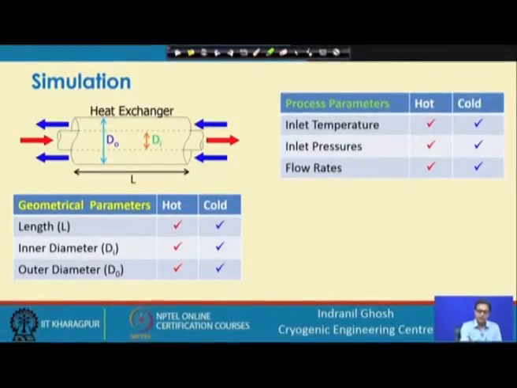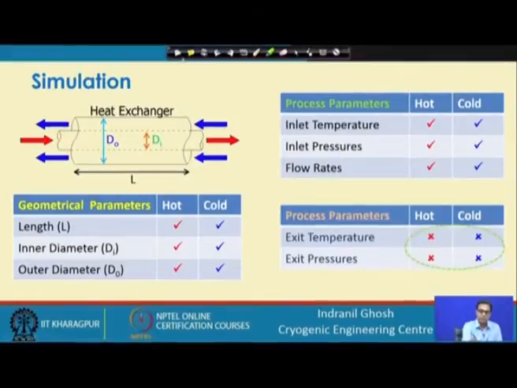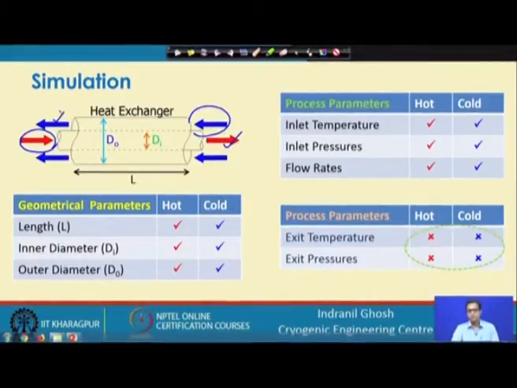That means we know the inlet temperatures, and what we intend to find out is the exit temperature of the hot and cold fluid streams. This is related to the rating or simulation of the heat exchanger. We call it the simulation problem.